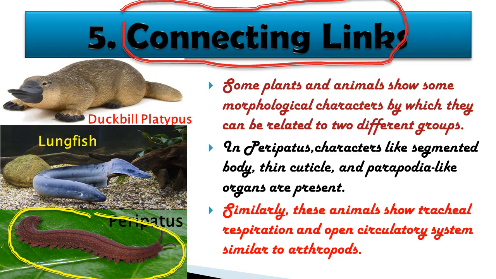That indicates that peripatus is a connecting link between annelida, like the earthworm, and arthropoda, 2 different groups.